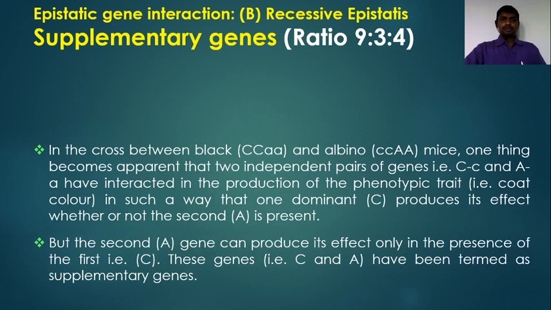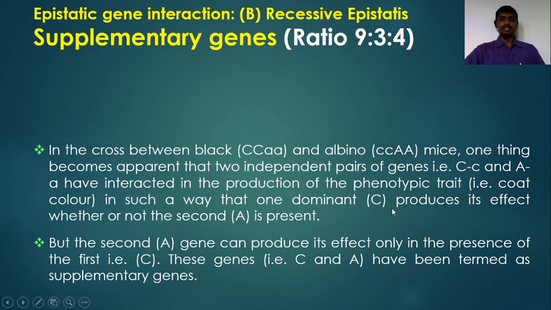So in the cross between black and albino mice, one thing becomes apparent: two independent pairs of genes, capital C small c and capital A small a, have interacted in the production of a phenotypic trait, that is the coat color, in such a way that one dominant C produces its effects whether or not the second A is present.